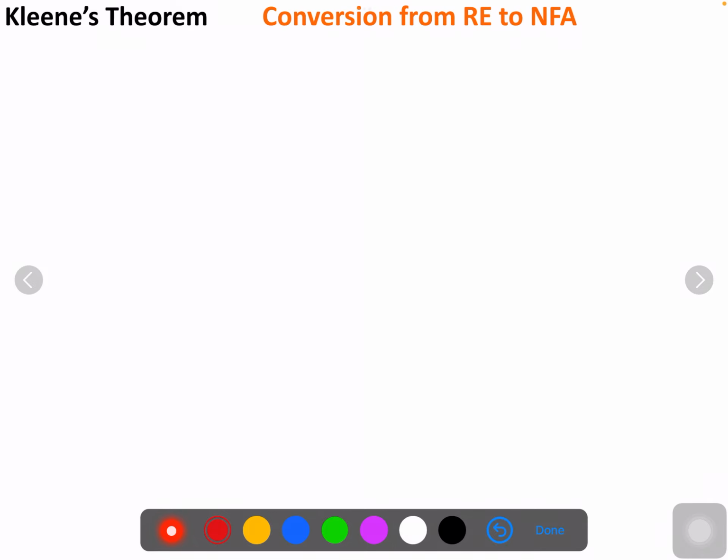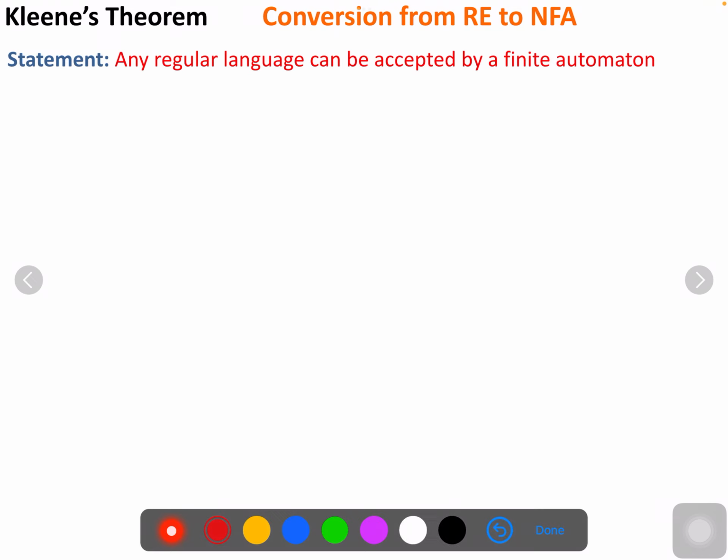Then we'll see the proof. Kleene's theorem says that for every regular expression, there is an equivalent deterministic finite state automata. So the statement is that any regular language can be accepted by a finite automata.